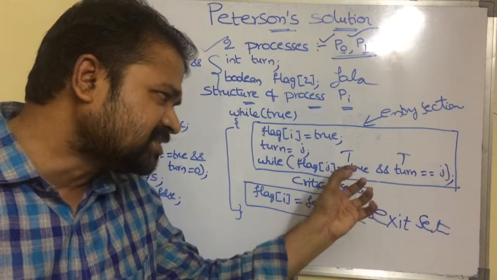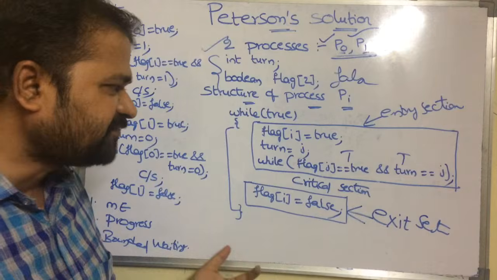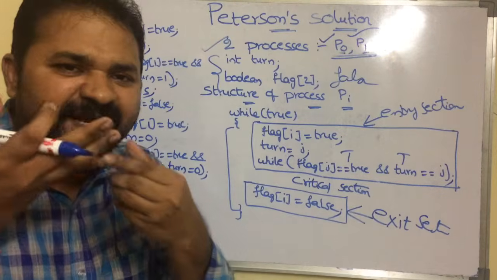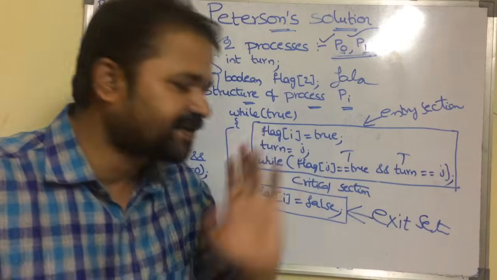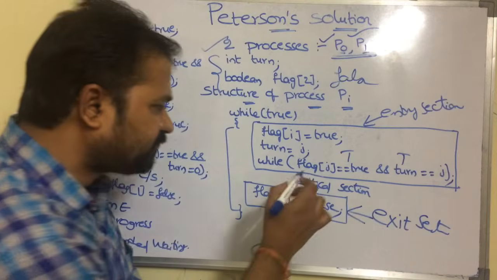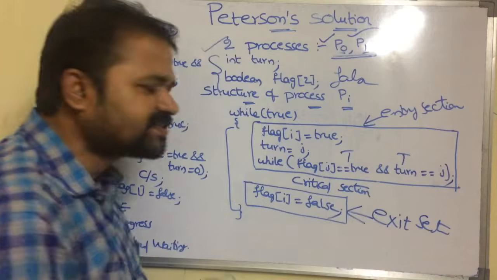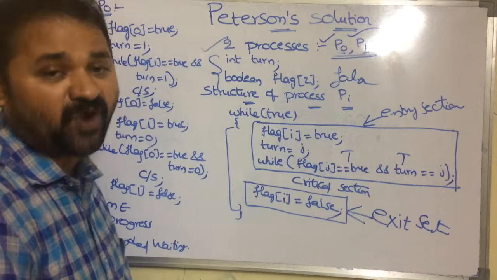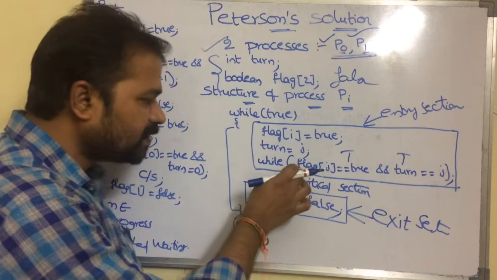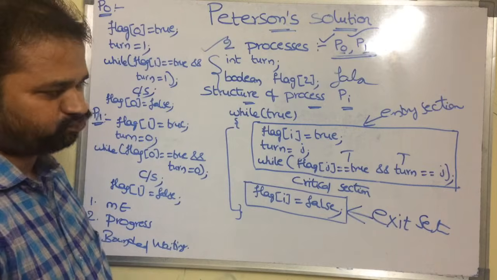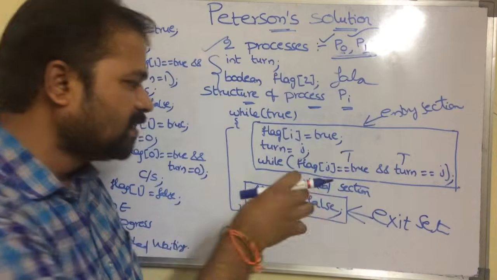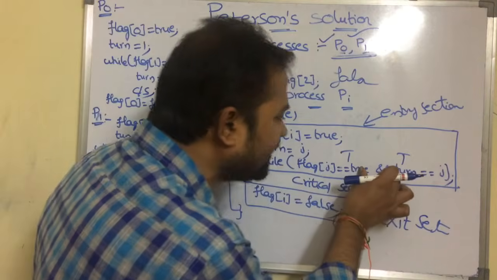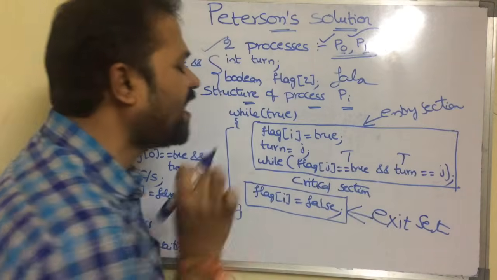So if both the conditions are true, then it specifies that the process Pj is in the critical section. So Pi has to wait. Suppose if one of these two conditions is false or both the conditions are false, then Pi enters into the critical section. So if these two conditions are true, then Pi remains in the while loop.